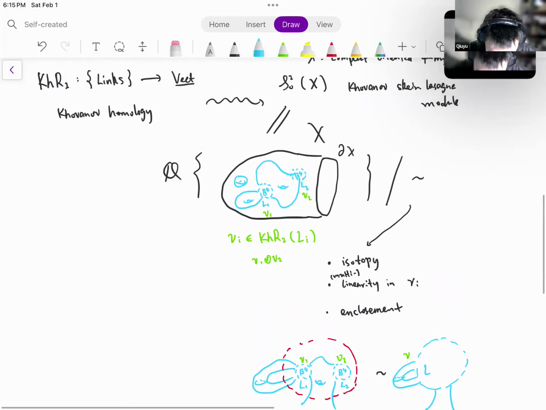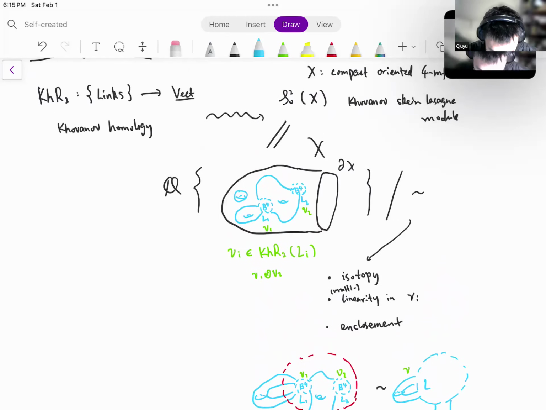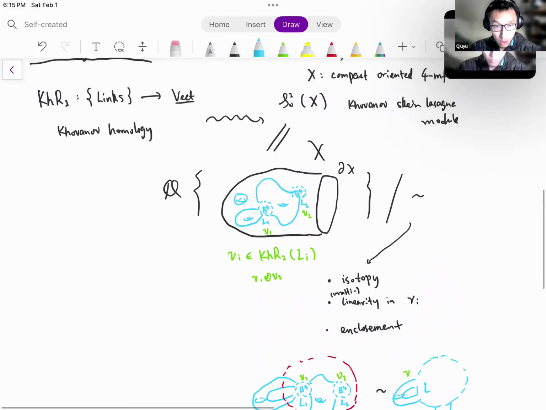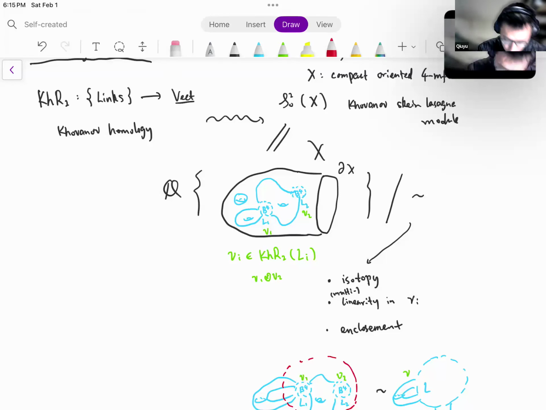And in fact, we don't need too much about our input homology being the Khovanov homology. We could do the same for any TQFT with similar structure. For example, there is a certain deformation of the Khovanov homology, which I will use today, called the Lee homology, denoted by KhR sub Lee. It formally has the same structure as Khovanov homology.